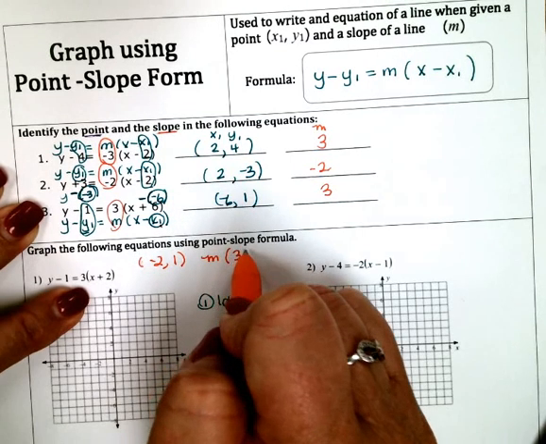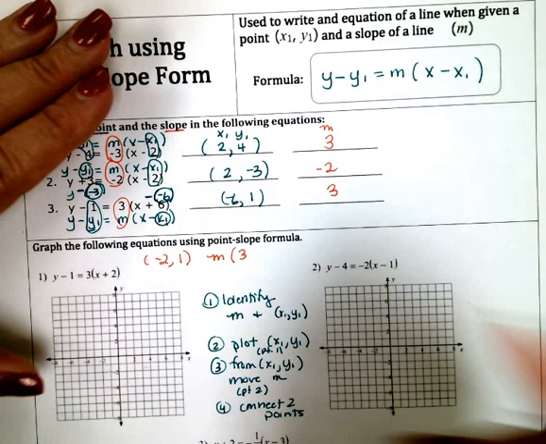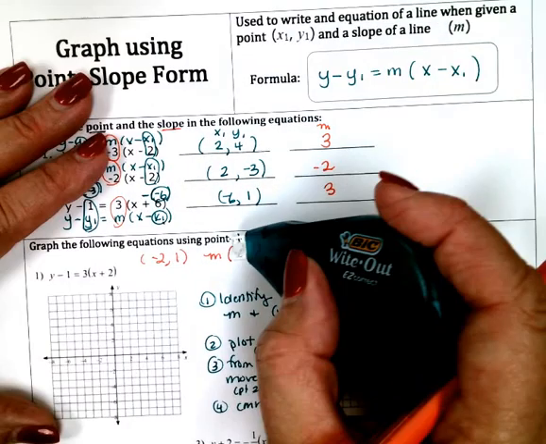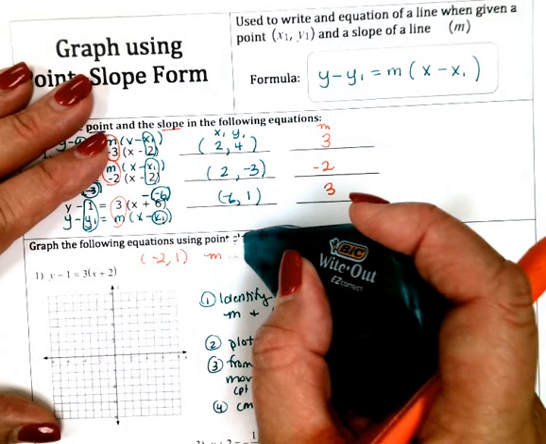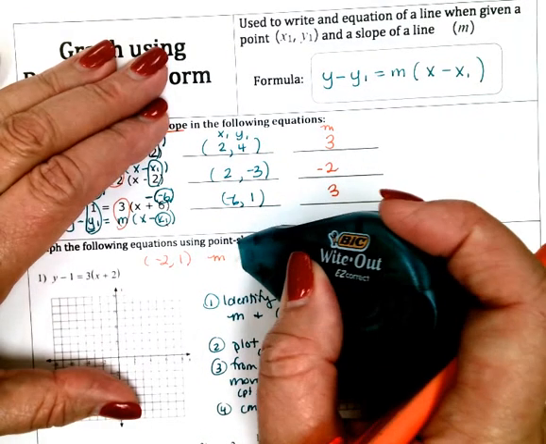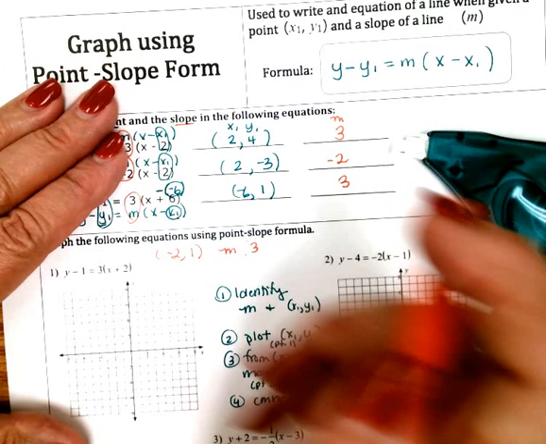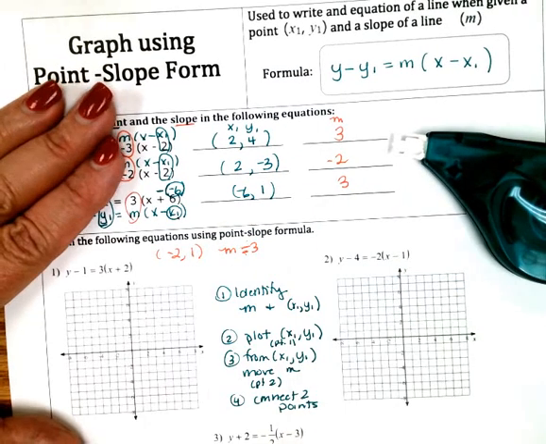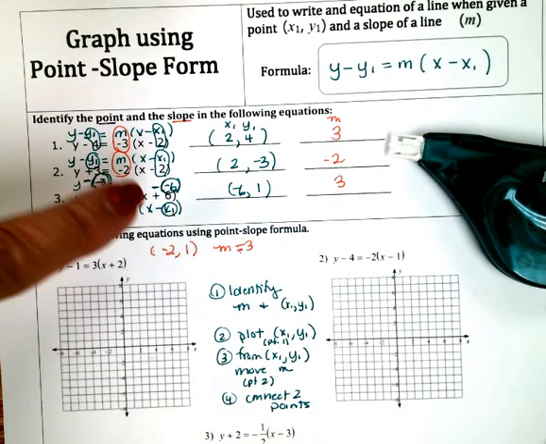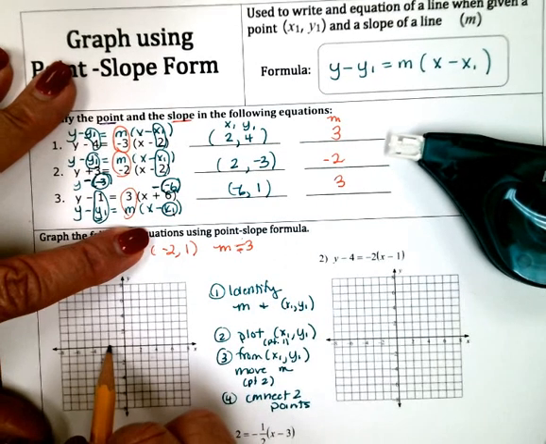My slope equals 3. I'm going to use this for the key, so I need to put it equals 3. So now, I'm going to plot my ordered pair. So I'm going to come over here to -2, 1.